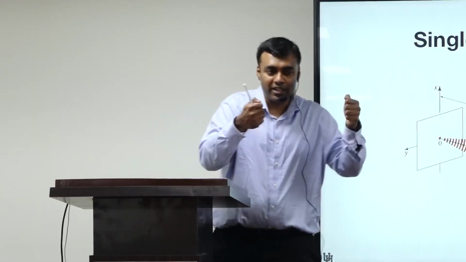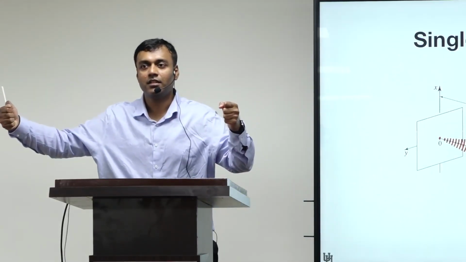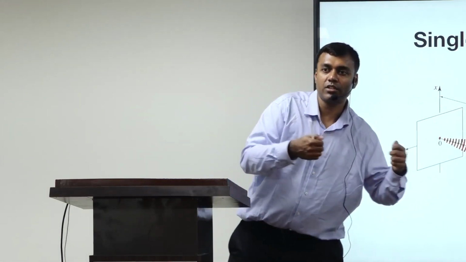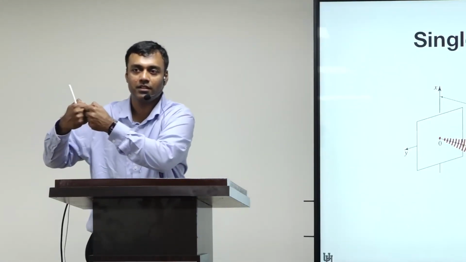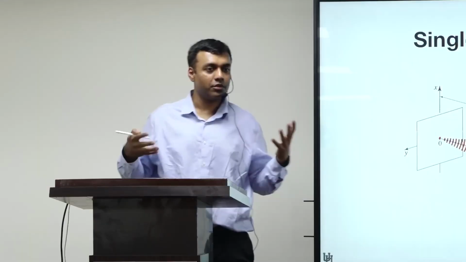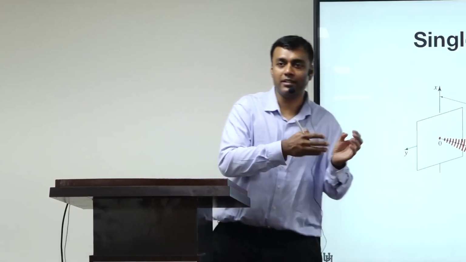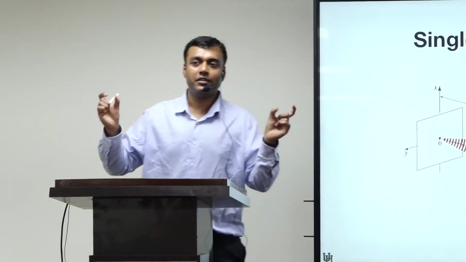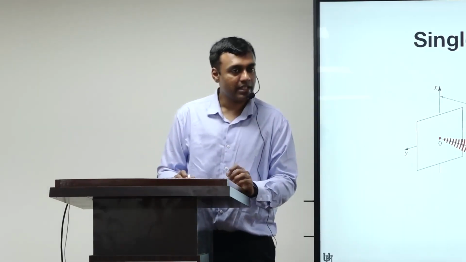If you make it small in the spatial domain, it becomes bigger in the Fourier domain. And if you make it bigger in the spatial domain, it becomes much smaller and narrower in the Fourier domain. That's the Fourier duality property. If you make a rectangle smaller, it becomes bigger in the other domain. That's exactly what happens here.